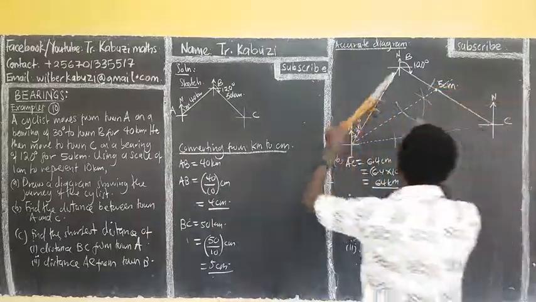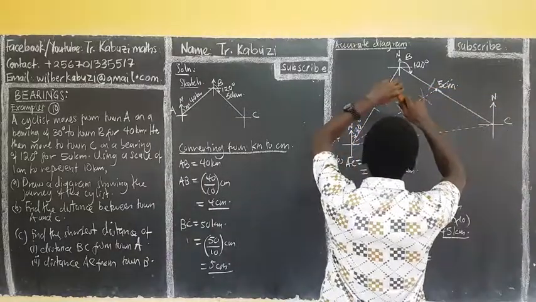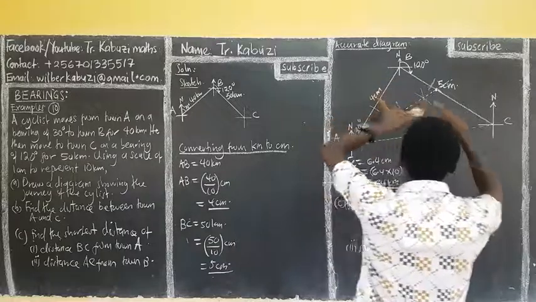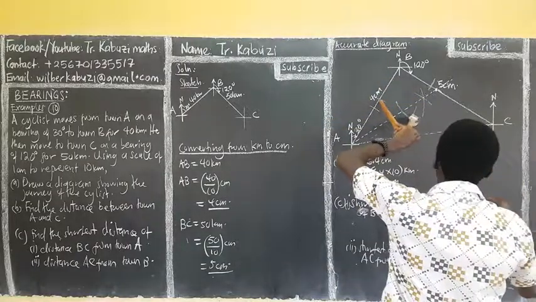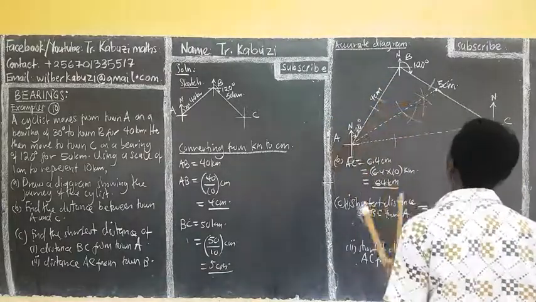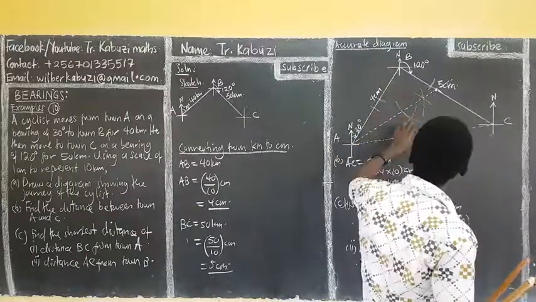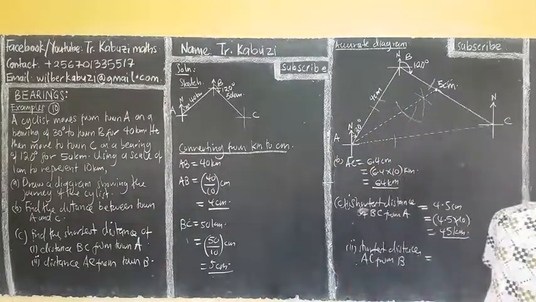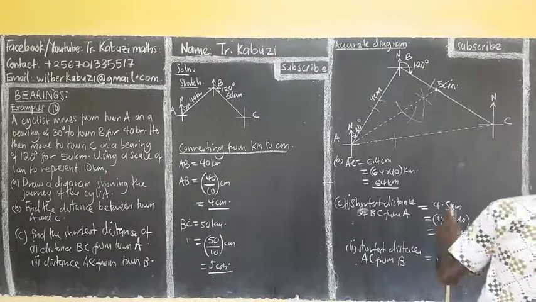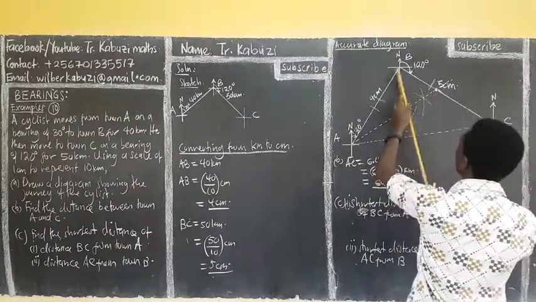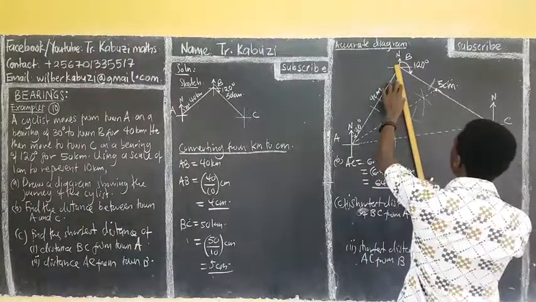Then you change it to this one, then you also draw another arc there. Then you join from this point to the middle of that. And when you join, you see that what you get is going to be your shortest distance.